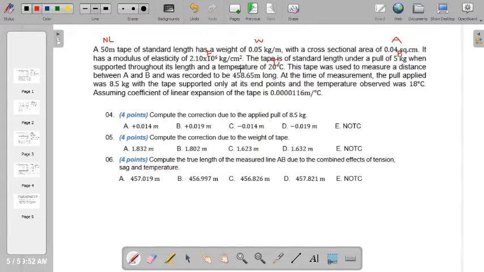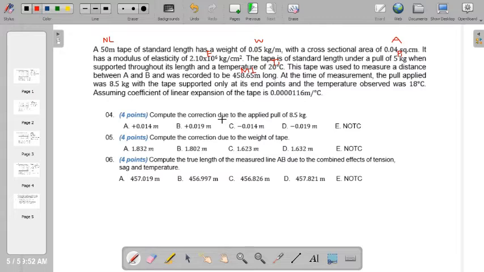So this is our measured length, or we call it as ML. Okay, not Mobile Legend, it's measured length. So it was recorded to be 458.65 long.